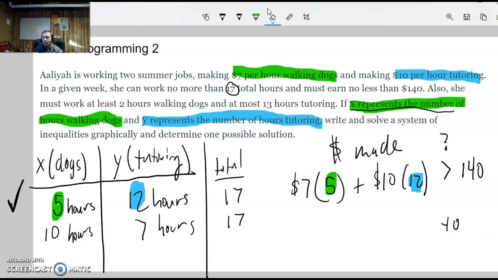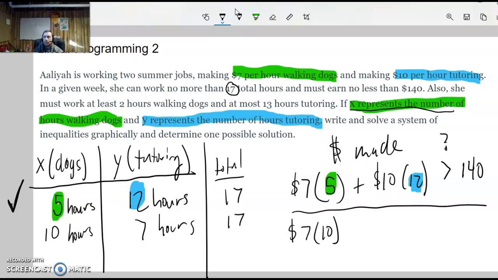So then let's see if this will work. I'm going to do my second equation. I'll leave this one up here. My second equation is, now it's $7 times what? I guess 10 this time, plus $10 times 7 hours. Is that bigger than $140?